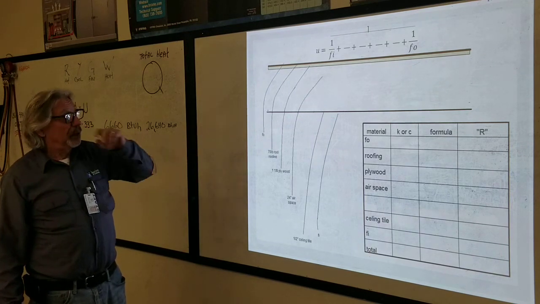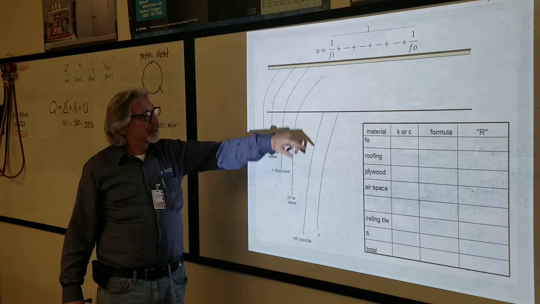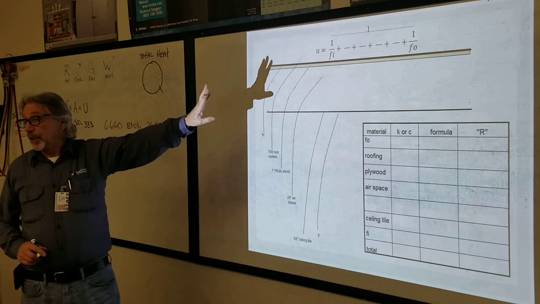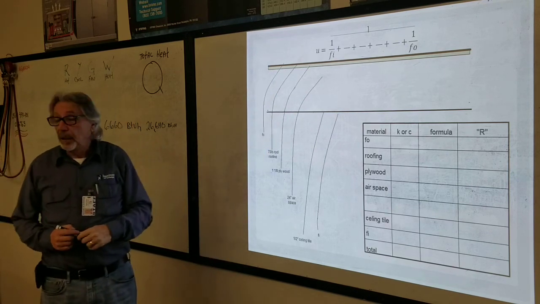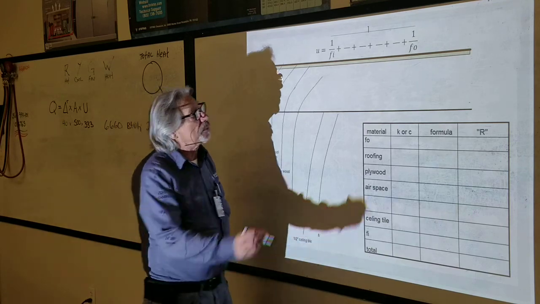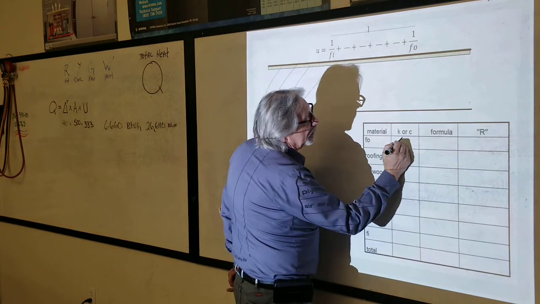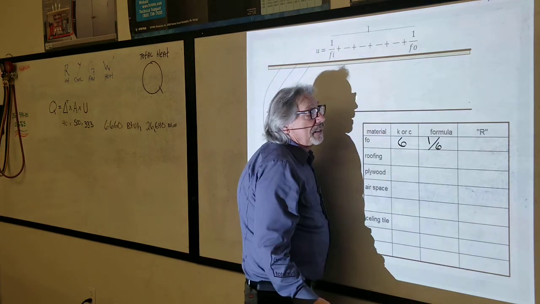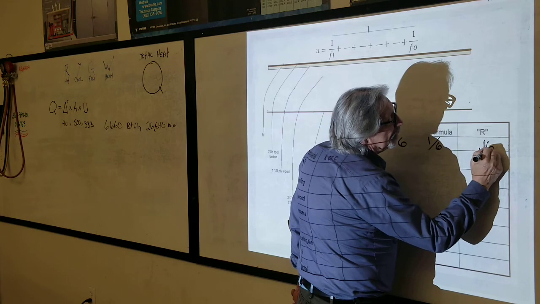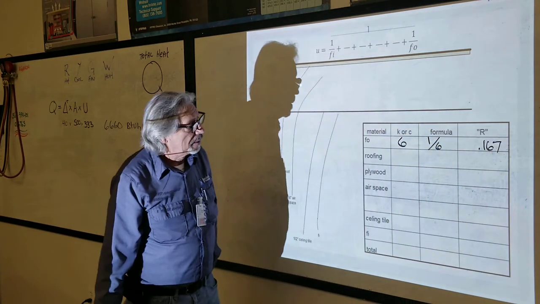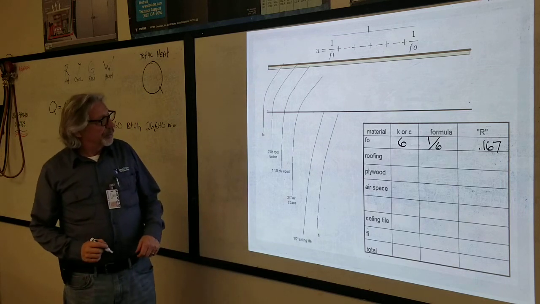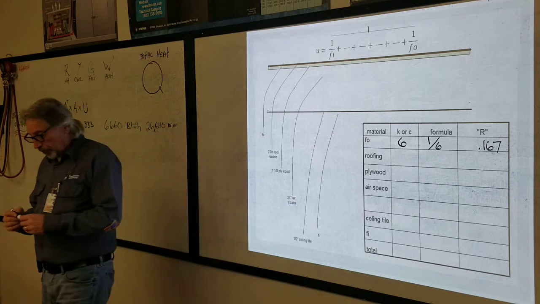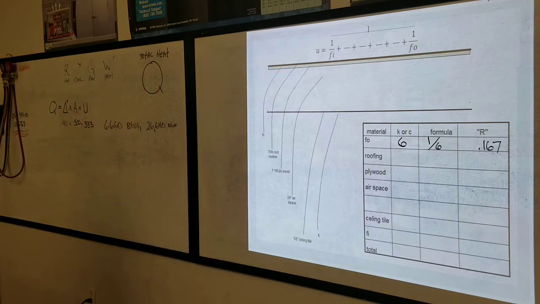Okay, so if we look at this cutaway of a roof, the first material we're looking at is the outside air film, and remember what that is? 6, okay, and the formula is 1/6, and that is 0.167. So we got roofing. It says 70-pound roll roofing.